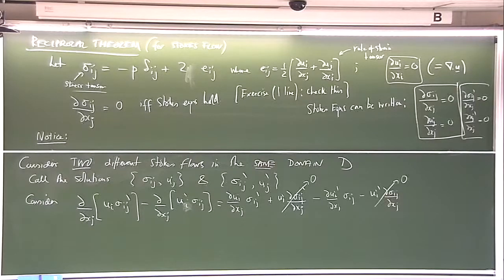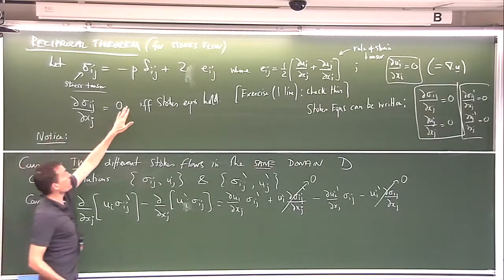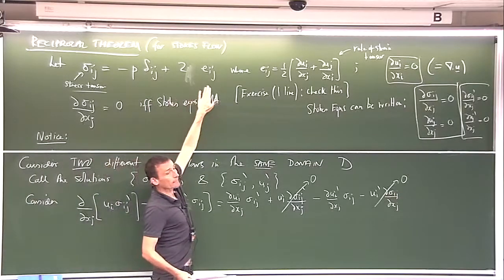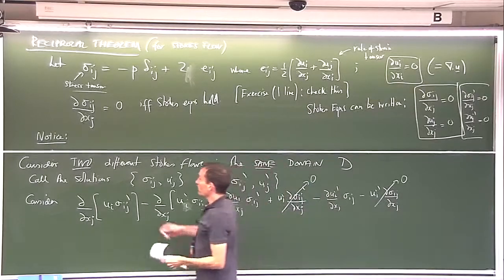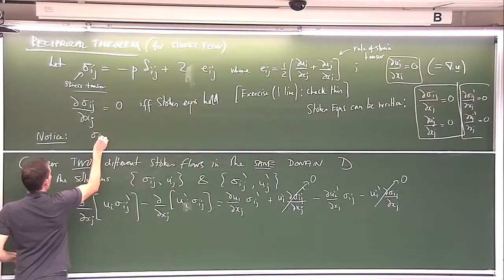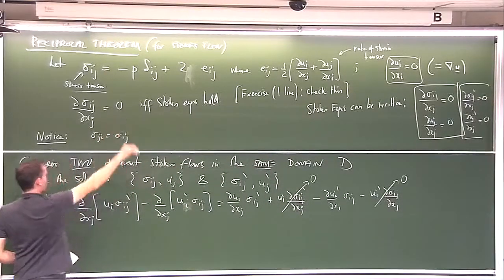If I swap i and j, I get the same thing. This is just the isotropic tensor, which is clearly symmetric, and then that's Eij, which is clearly symmetric. So notice that sigma ji is sigma ij.